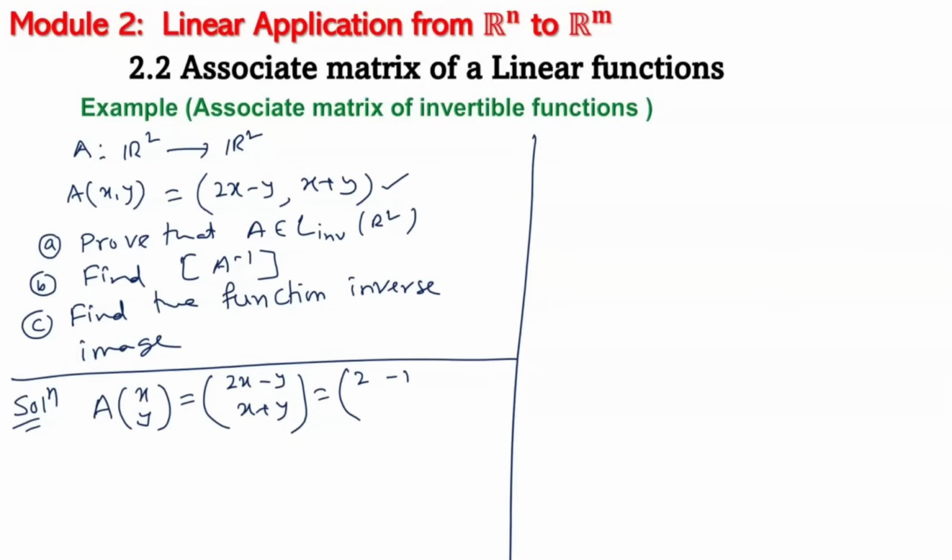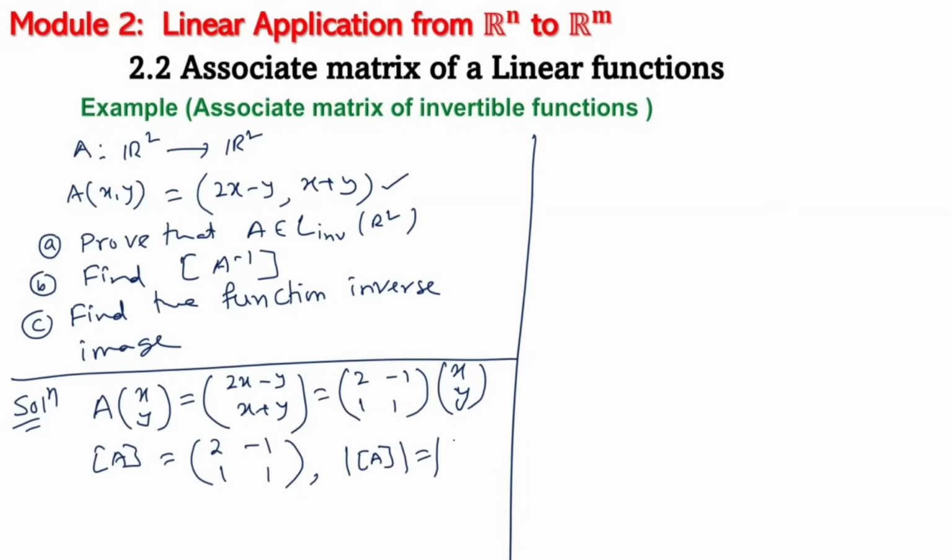This can be written as the matrix 2, minus 1, 1, 1 times x, y. Therefore, the matrix form of A is 2, minus 1, 1, 1. Now, what will be the determinant of A? The determinant of this matrix A is 2 plus 1, which is equal to 3, not equal to 0.